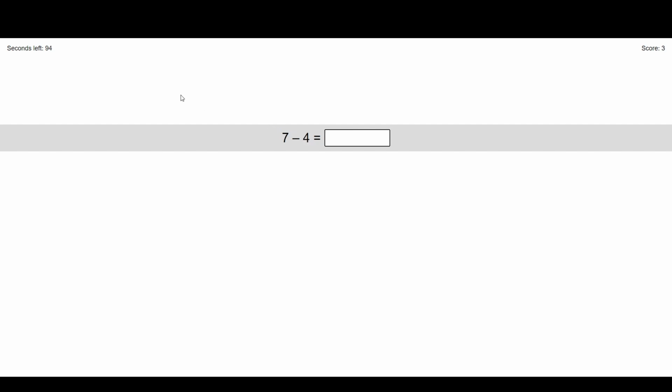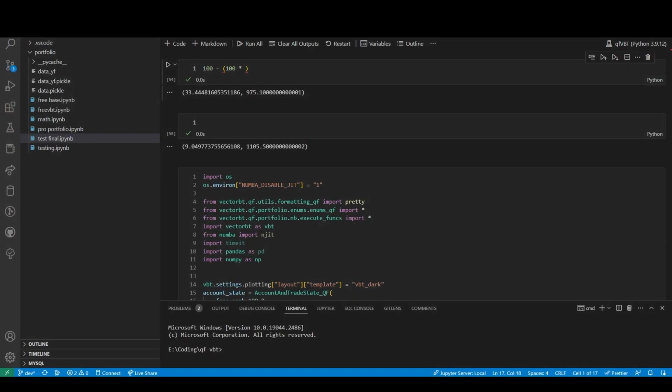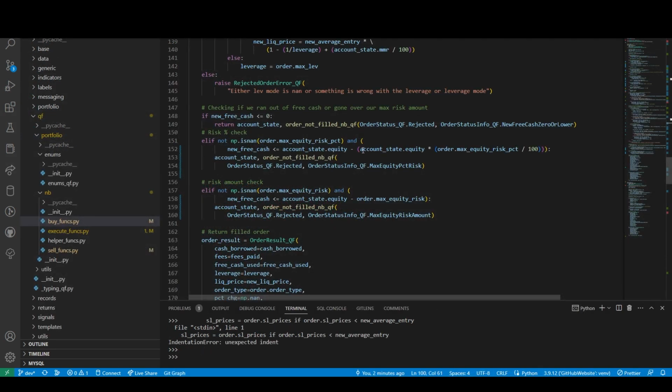To be able to do all these mathematical operations in my head will help me understand this a million times faster, where I could just be like, okay, 100 minus 100 times this, so it'd be 0.05. So 0.05 times 100 is like 5. So 5%, so 5. So 100 minus 5 is 95. So if our new free cash is less than or equal to 95.